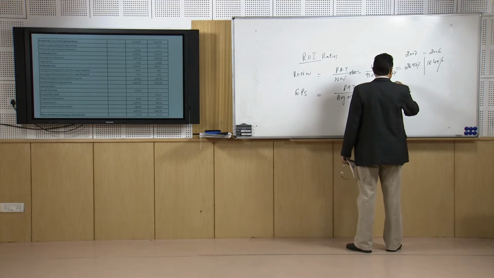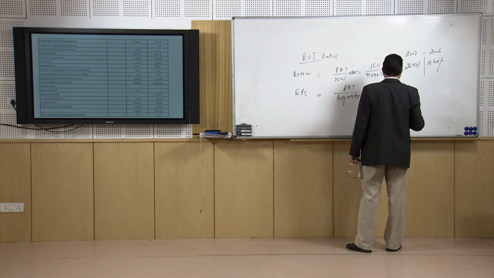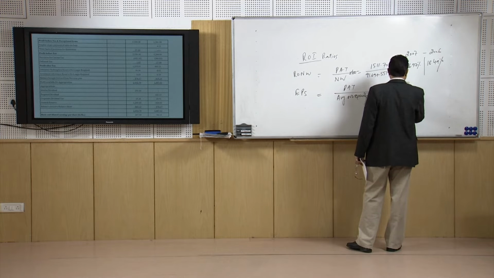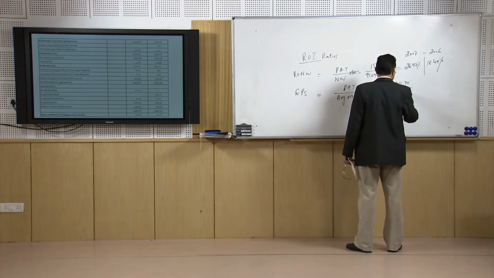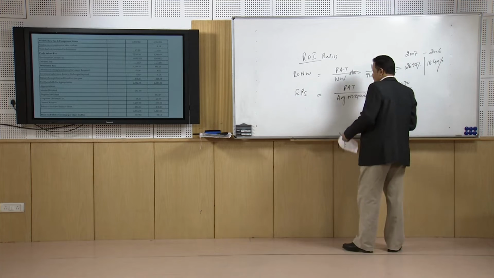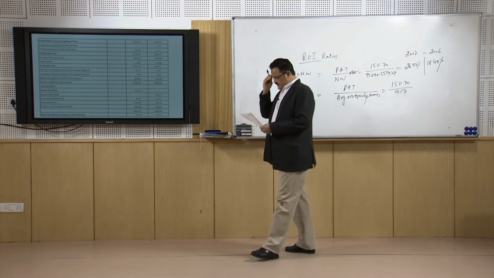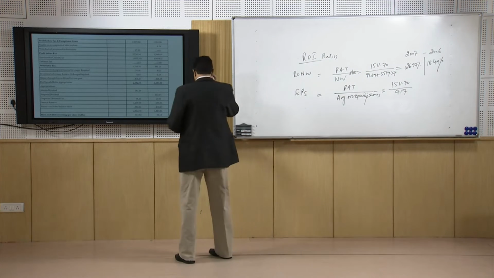So you take PAT, again the adjusted PAT, 1511.70 crores, divided by the number of equity shares, and that is 9.17 crores shares in this case.